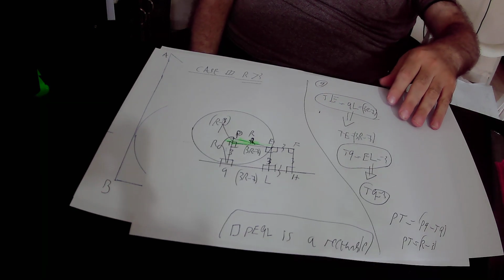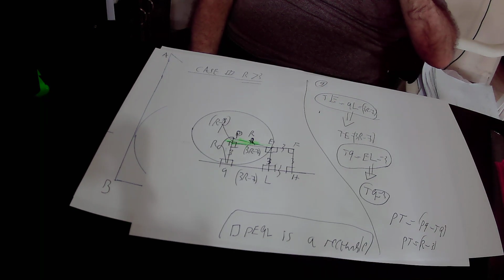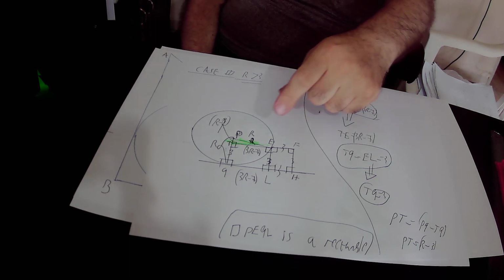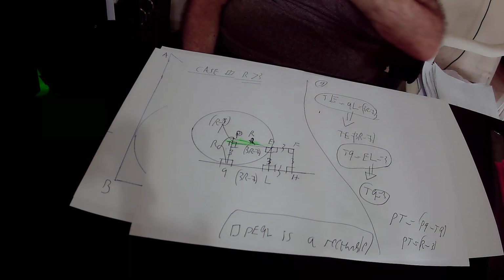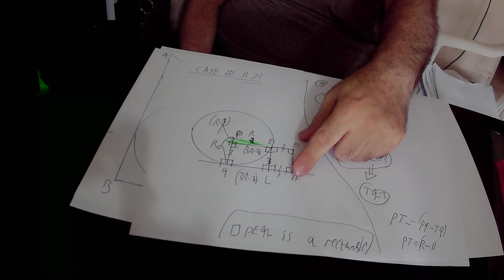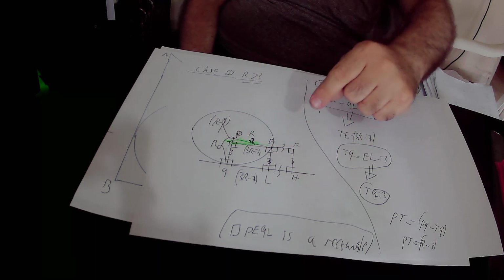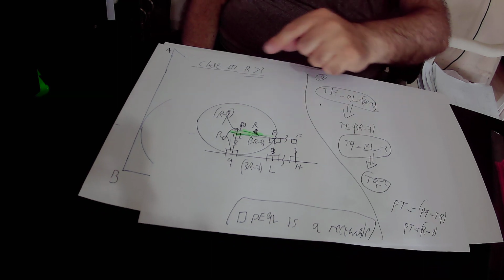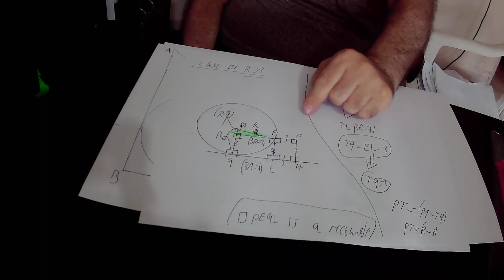If R is greater than 3 units, then we will have this drawing. You can see here that the radius is higher than the square, because R is greater than 3 units.